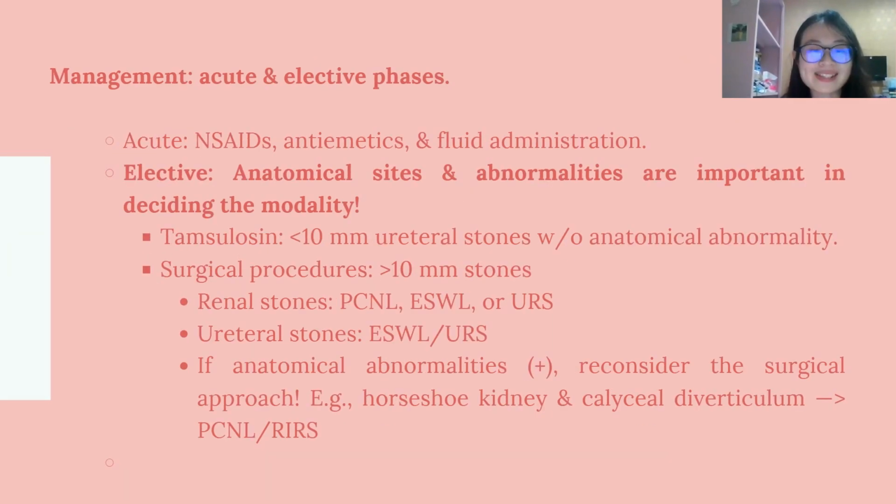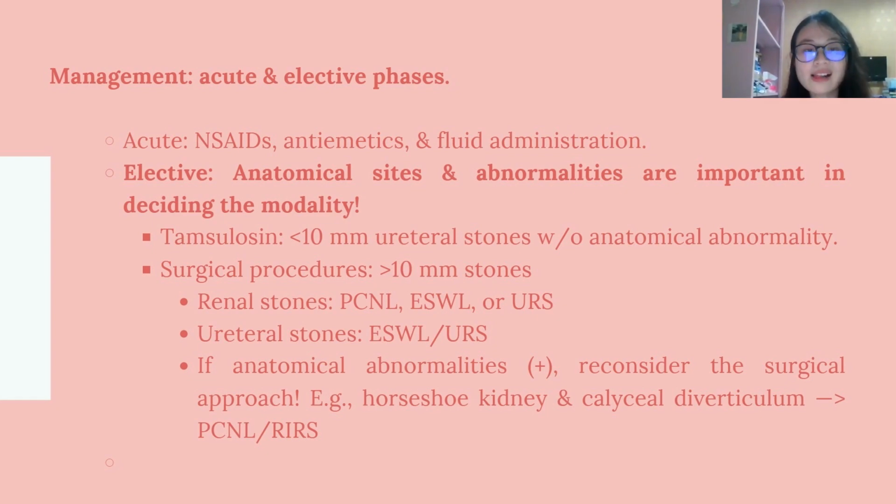Management for urolithiasis is divided into acute and elective phases. Anatomical sites and abnormalities are especially important in deciding the elective management. Tamsulosin can be used for less than 10 mm ureteral stones with no anatomical abnormality. For stones more than 10 mm, surgical procedures can be chosen.